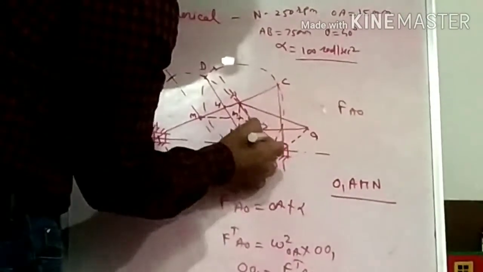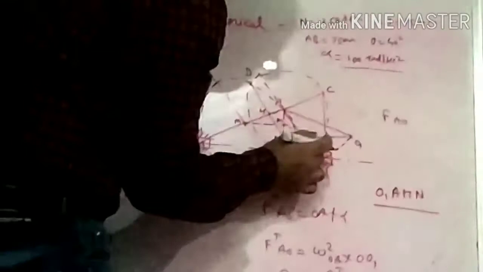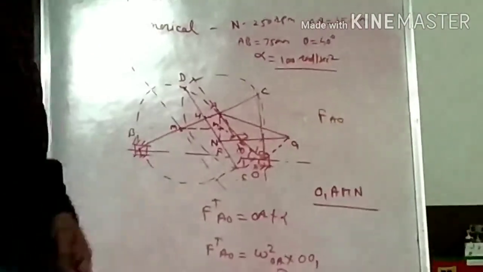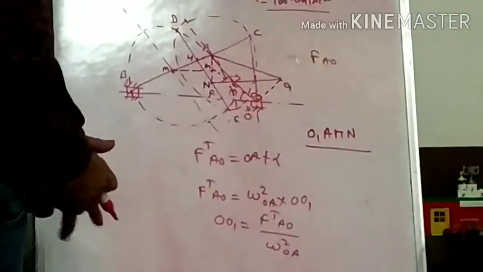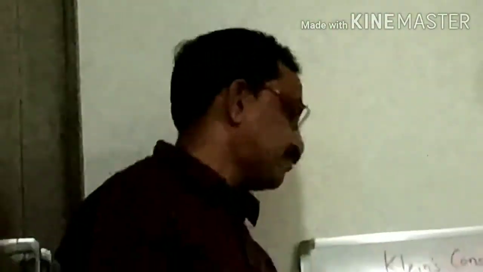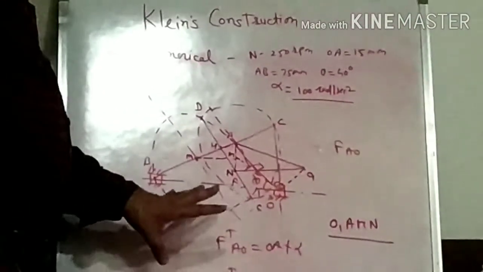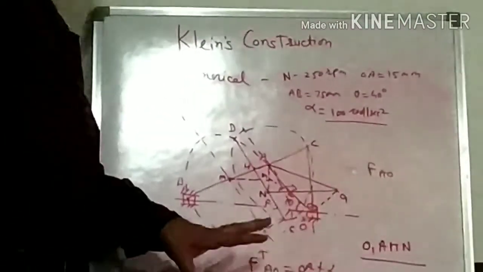Sorry, here point O, and measure this length OM and multiply by scale. That gives the acceleration of point M. So this is the procedure to draw the acceleration diagram when the crank is moving with non-uniform angular velocity. Thank you.